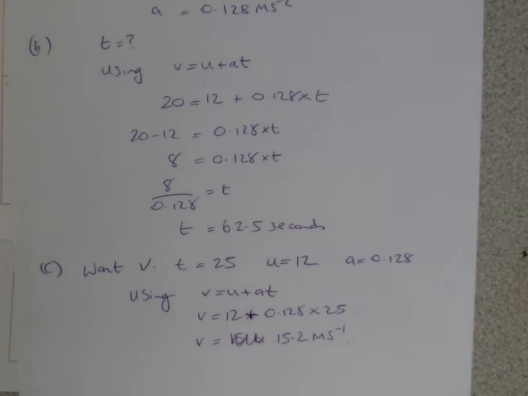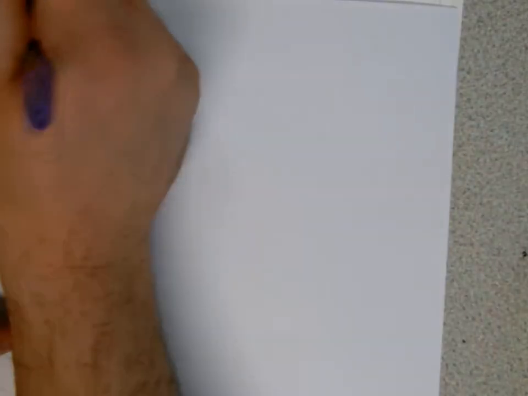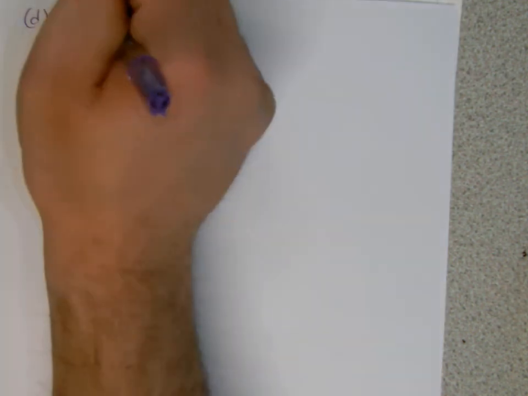Part D then says calculate the distance from A of the vehicle 30 seconds after it passes A. So again, more information given to us from before. We're now going to set t to equal 30.